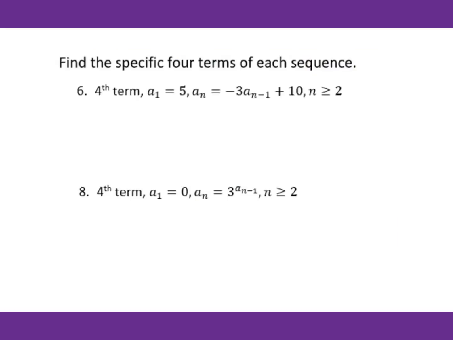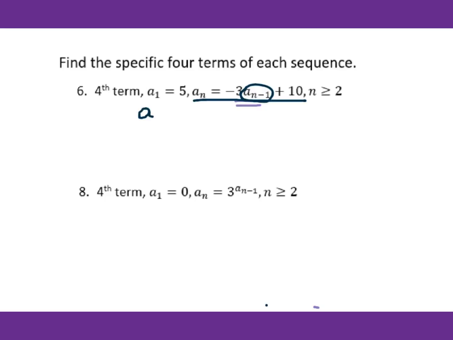For example, this is a recursive sequence because each term is based on the previous term. You have to know the meaning of this formula. A sub n equals negative 3 times the previous term plus 10.